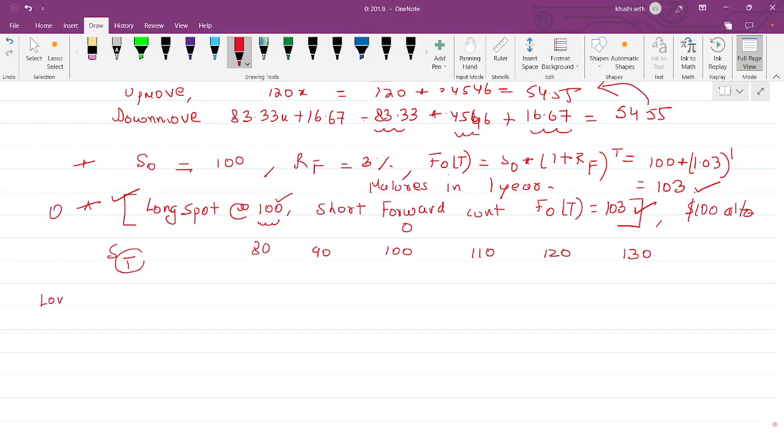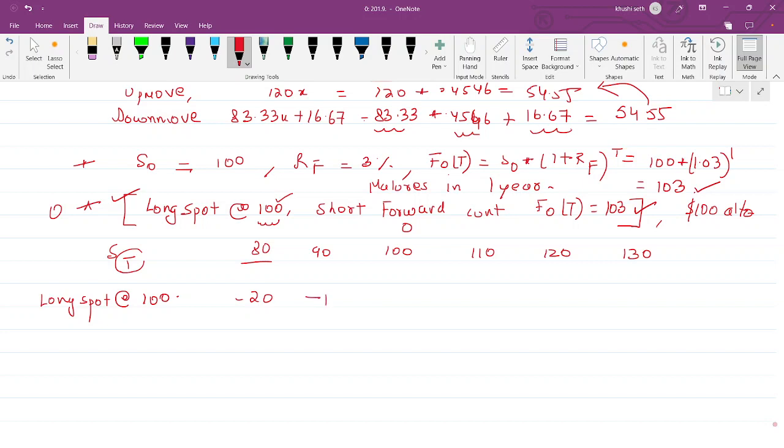So we were long spot at 100. Price of the underlying at expiry of this forward contract is 80. So what is my gain or loss on my long spot? I lose 20. If the price of the underlying is 80 at expiry of the forward contract, then I lose 20 on my long spot.